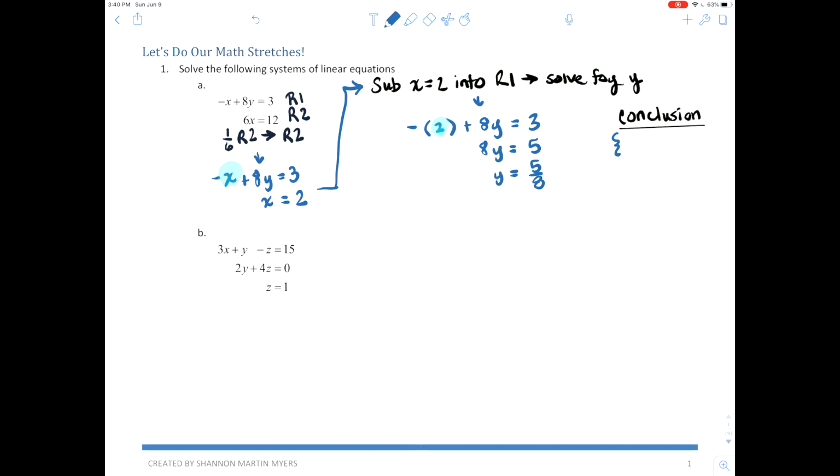This is important. So we got a single ordered pair solution, which means these two lines intersect at exactly one point, and that point happens to be (2, 5/8), and it's the set containing that point. And this system is consistent.